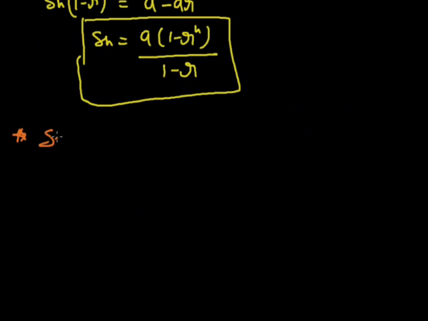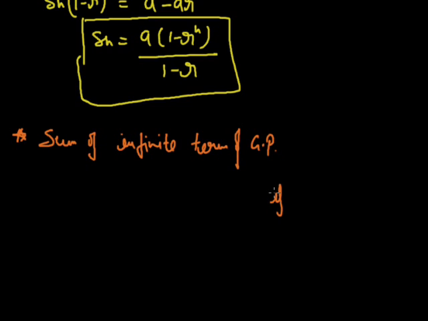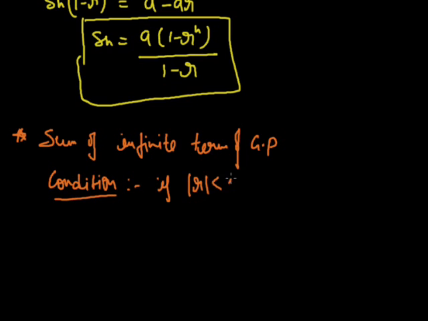Next is sum of infinite terms of GP. If mod r is less than 1, that is the GP condition: mod r must be less than 1.